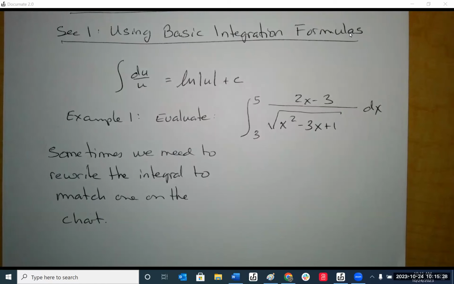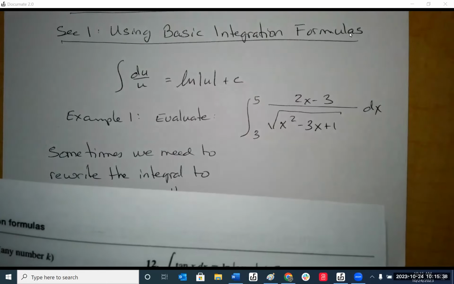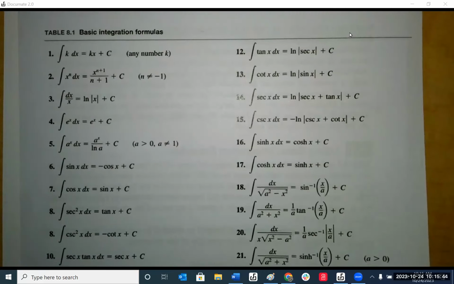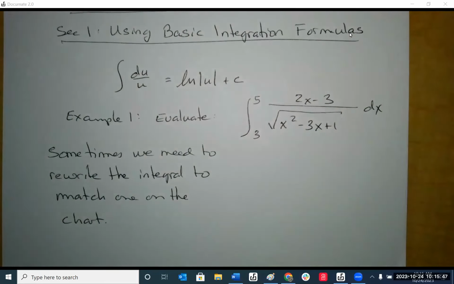How would we rewrite this one to make it fit? So which one do you think is going to fit on our table? Actually, it may not be on this one. It's just one of the basic ones.